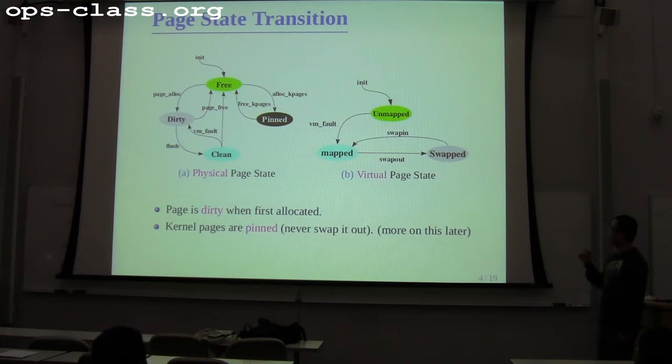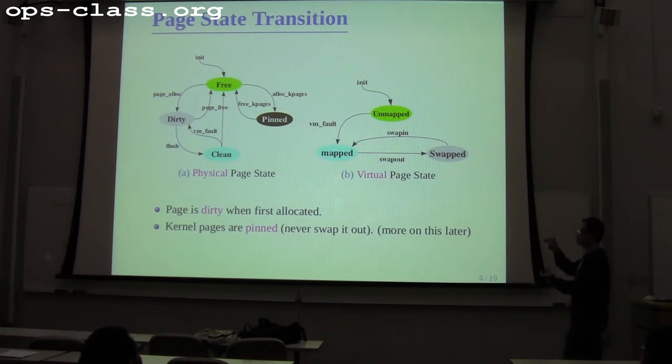So that when the user tries to access a swapped page, it triggers a page fault and you get a chance to swap in the page. So when the virtual page state changes from mapped to swapped, what happens to the underlying physical page? Suppose I have a virtual page mapped to a physical page, and your paging algorithm decided to swap out this physical page.